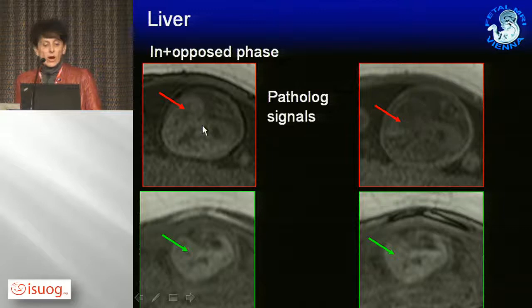And we have a possibility to image the liver to get some insights into the content of the liver, whether there is a metabolic change in the sense of fatty tissue. And usually in these images, the liver should not lose signal, but in our fetus, the liver lost a lot of signal, so we knew the liver was not normal too.